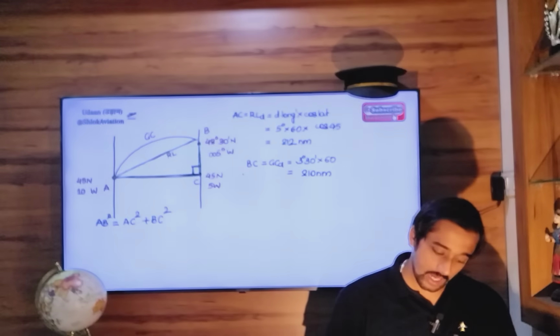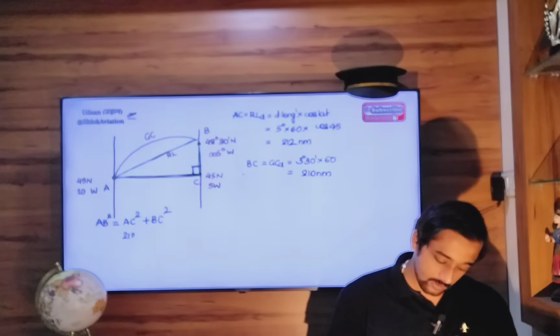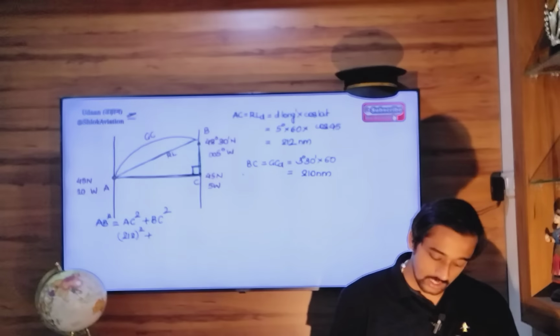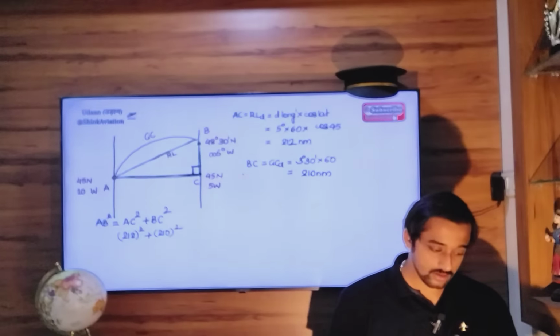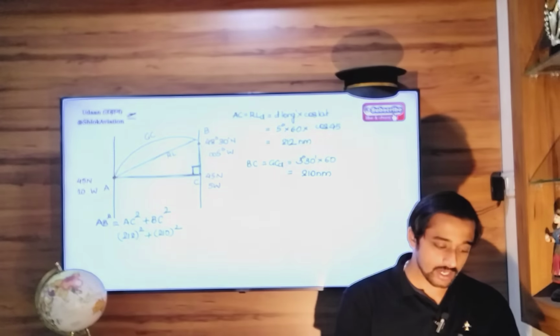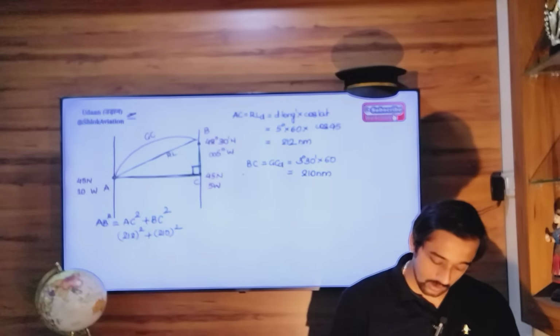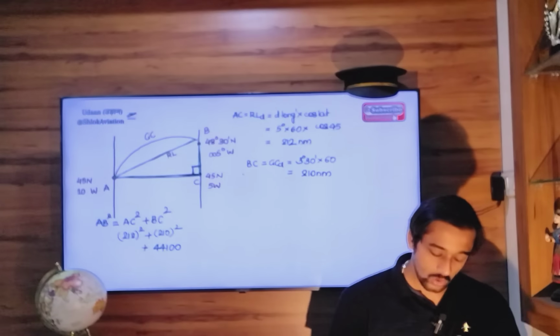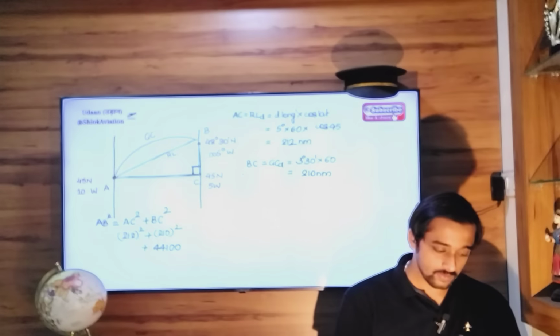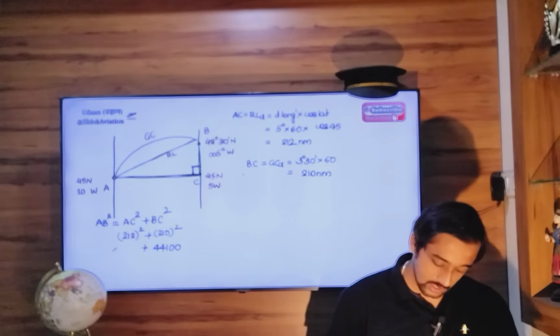So let's substitute the values. AC 212 square, BC 210 square. 210 square is 44,100. 212 square is 44,944.